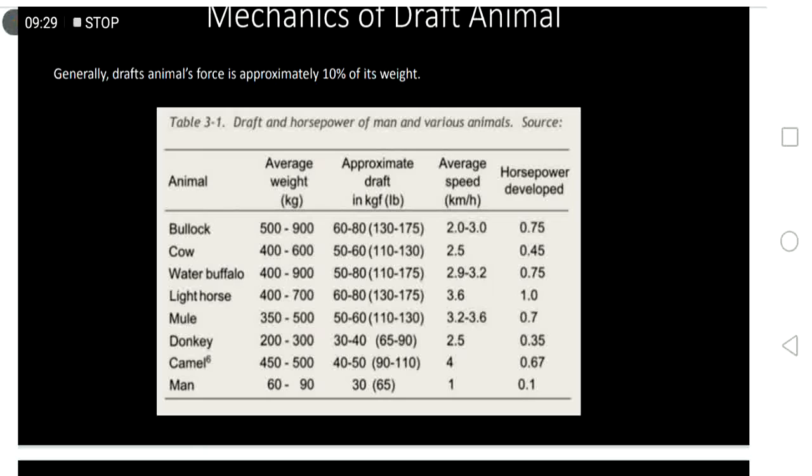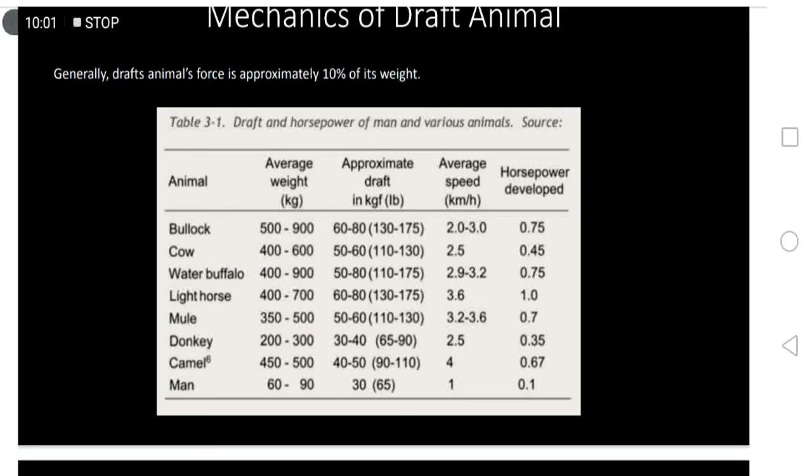Okay. So at Table 3.1, draft and horsepower of man and various animals, it is listed here the average weight and approximate draft or pull of the man and animals, the average speed also, and the horsepower developed.